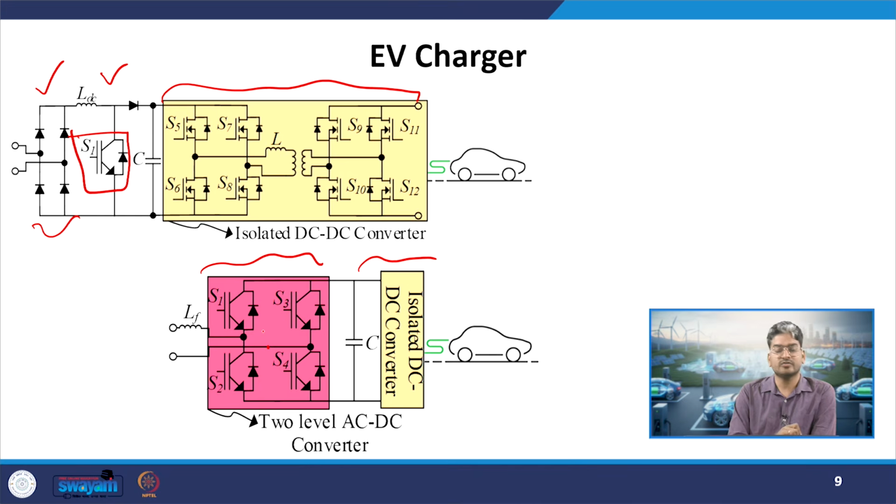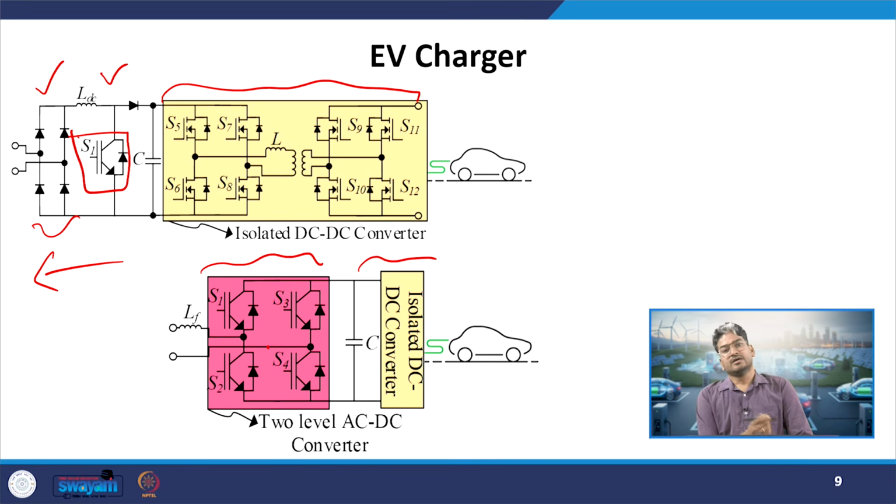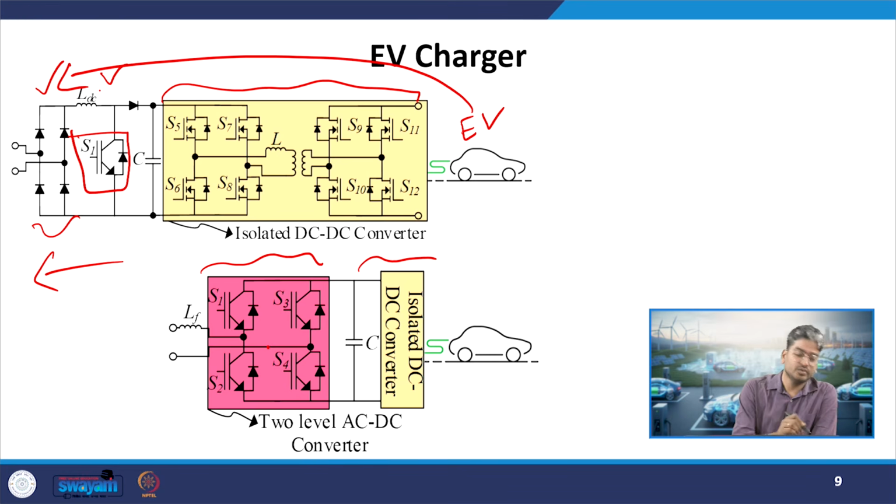But what advantage have we got from shifting from the diode bridge rectifier followed by a boost PFC to this solution? Over here, we had the power flow in unidirectional mode. If I want to support the grid by discharging my electric vehicle, suppose my electric vehicle is fully charged and the grid is going through a peak loading condition where we generally have a shortage of generation, then it is desired that my electric vehicle supports the grid.